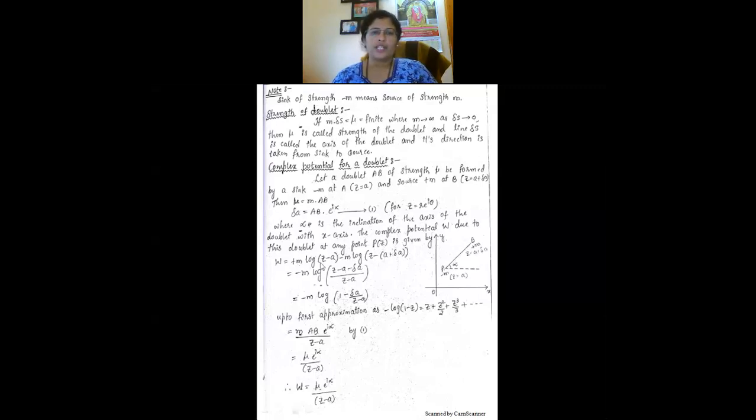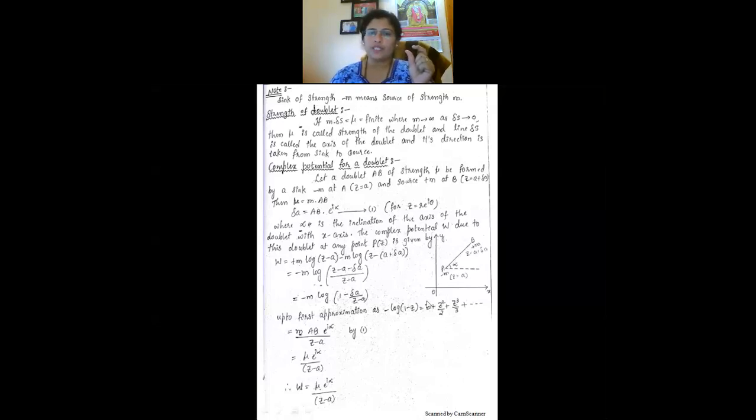First you are writing the sum of the complex potential for a sink and the complex potential of a source. Then together we are arranging it in the form of a P by Q form. Then you are splitting it and you are taking the expansion of minus log of 1 minus Z. In that quantity you are neglecting the higher order terms. You are only taking the first order.